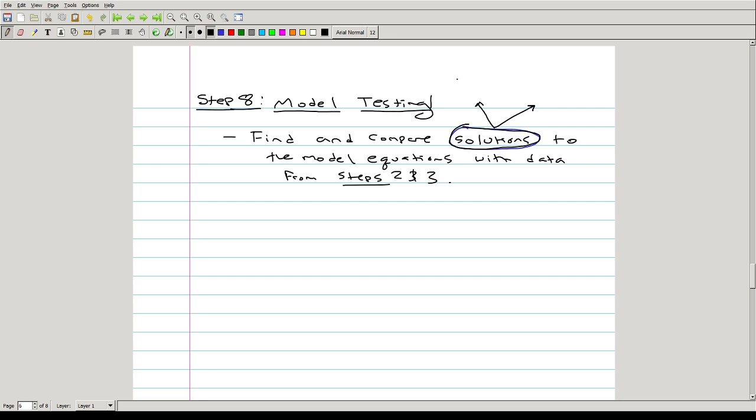The first form is the exact analytical solution, and the second form is a numerical solution or a computational solution.